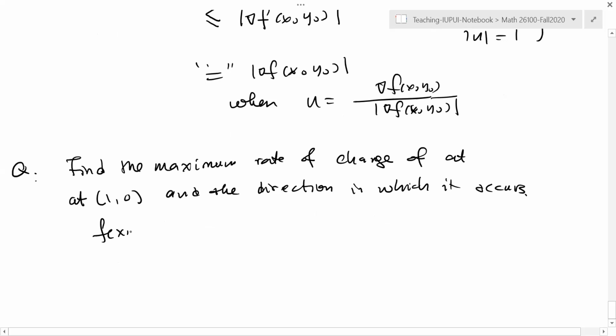Here's a function: f(x, y) equals sine of xy.